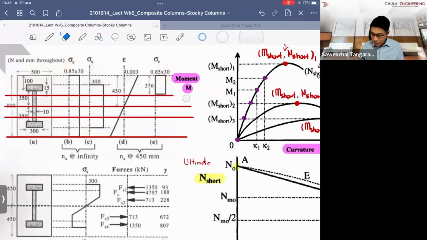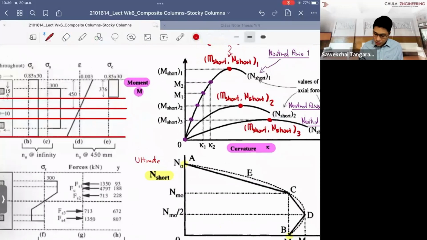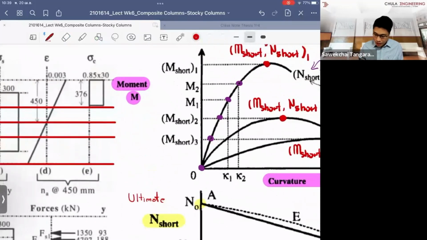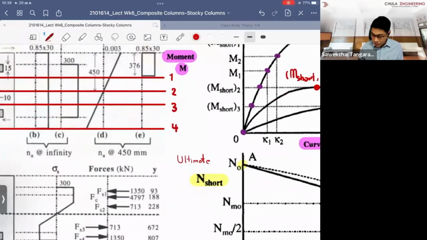So when we vary the neutral axis depth, what happens? For example, this might give me neutral axis depth number 1, this might be number 2, number 3, and number 4. So we keep raising up the neutral axis depth, and I put it here as NA.